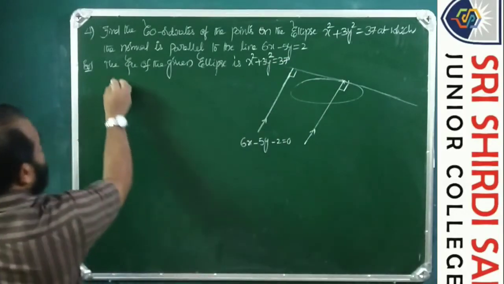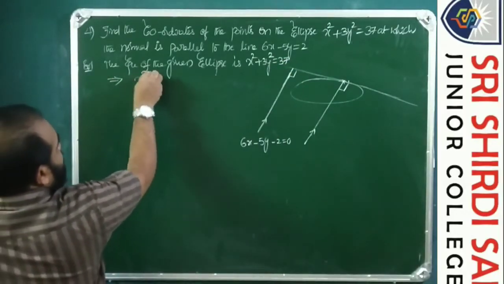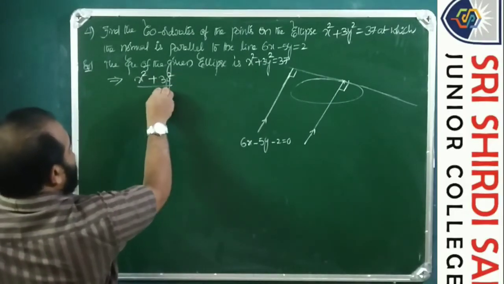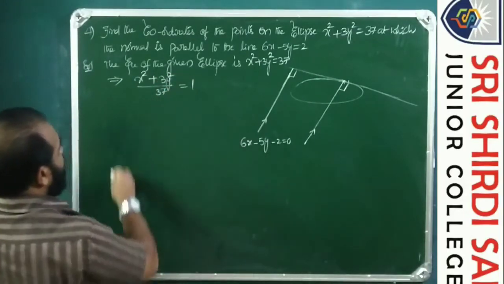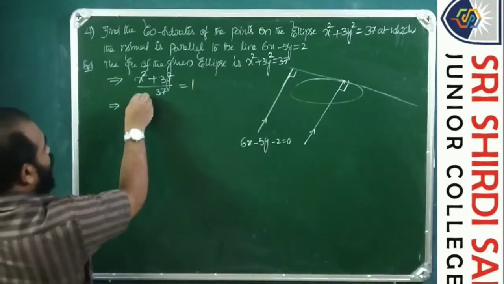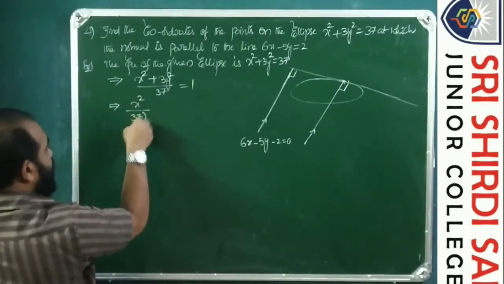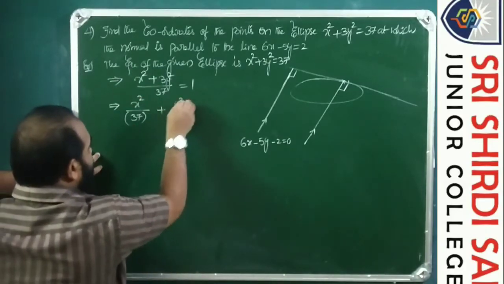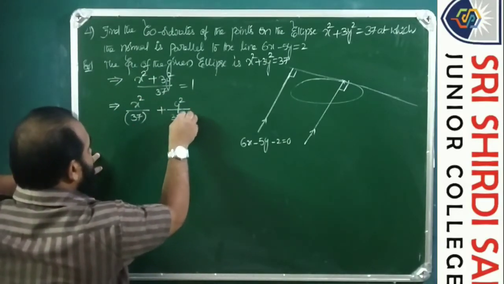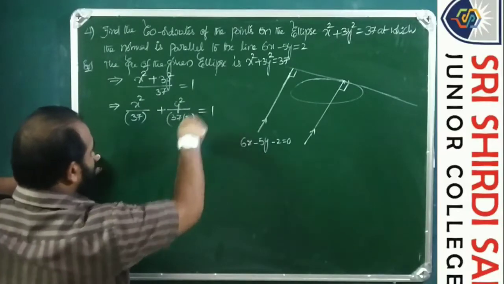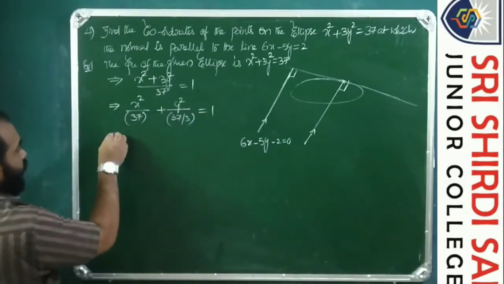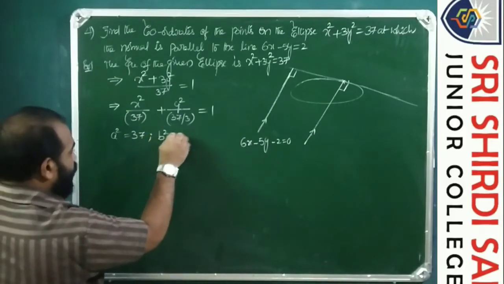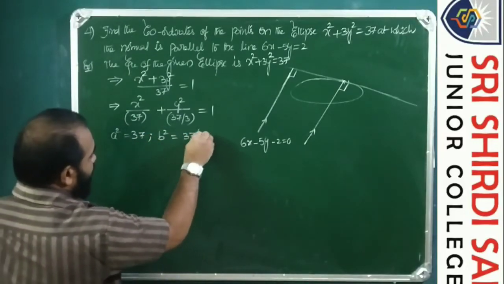So that implies x square by 37 plus 3y square by 37, that is y square by 37 by 3 equals to 1. So a square equals to 37 and b square equals to 37 by 3.